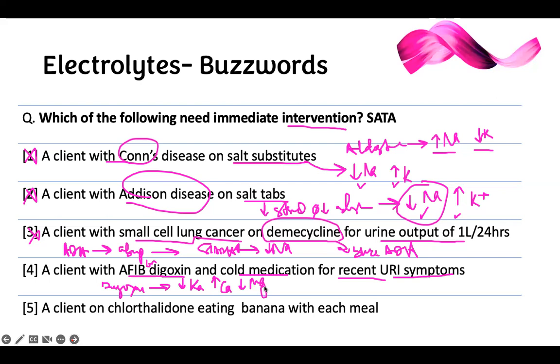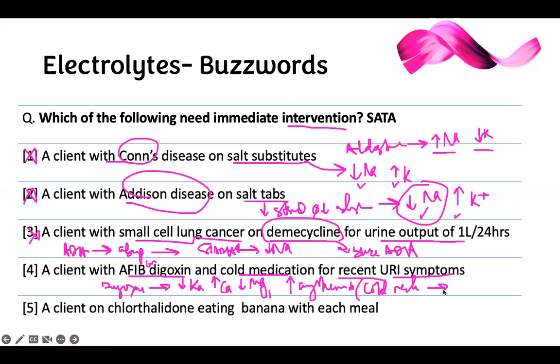Those are the key. Then the next one is anything that will create arrhythmia. You should avoid anything that will cause cardiac arrhythmia, because the number one problem with digoxin is what? Cardiac arrhythmia. Cold medications, I see them as bad medication.